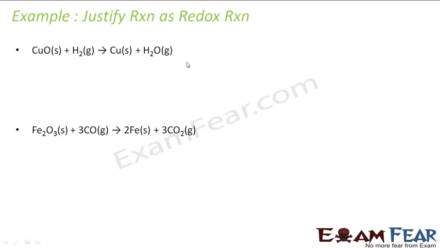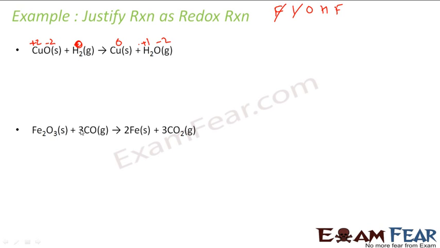So let's find the oxidation number of Cu and O in this. Oxygen is -2, so Cu is +2, because the overall has to be 0. H2 is 0 because it is free. Copper is 0 because it is free. In H2O, O is -2 and H is +1, because the overall has to be 0.